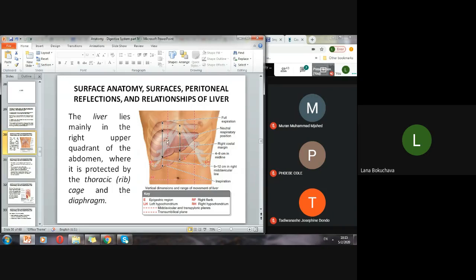In the case of these 3 regions, approximately the whole right hypochondrium is occupied by the liver. It also passes to the superior part of the epigastrium, and a tip of it passes towards the left hypochondrium.